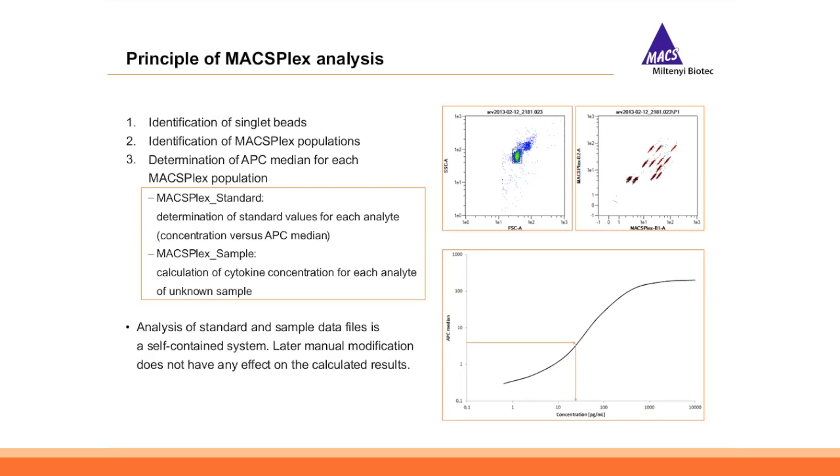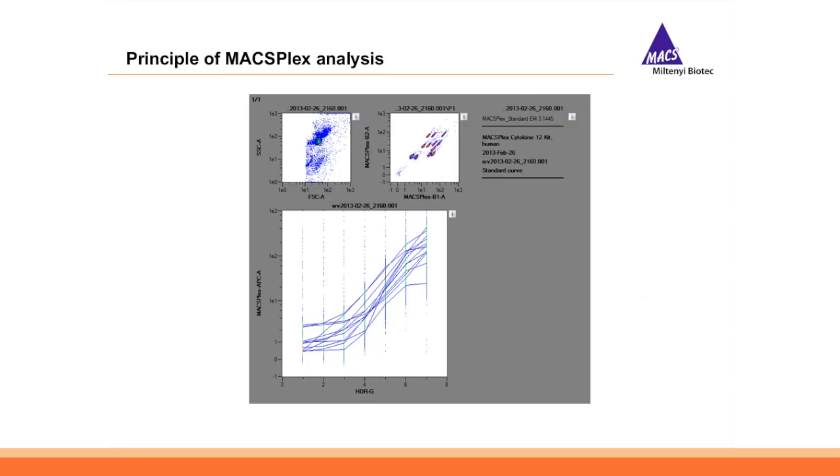The MACSPlex standard determines the standard values for each analyte. That means it correlates the cytokine concentration versus the APC median, and the MACSPlex Sample Express Mode calculates, based on the standard values, the cytokine concentration for each analyte in your unknown samples. The analysis of the standard and the sample data files is a self-contained system, so later manual modification, for example moving of a region, does not have any effect on the calculated results.